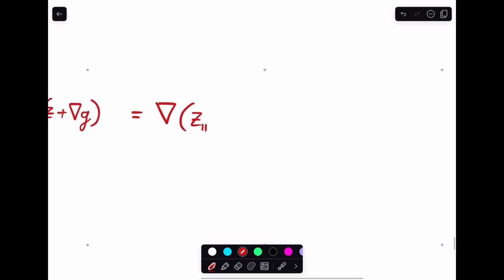It is equal to Z parallel gamma naught plus the gauge here, gamma naught, and then plus Z perpendicular gamma naught.